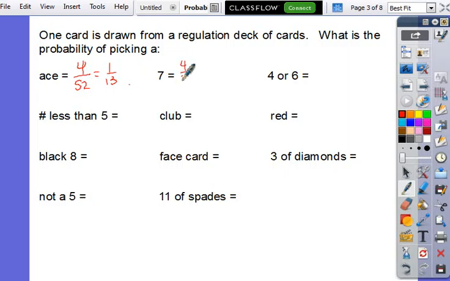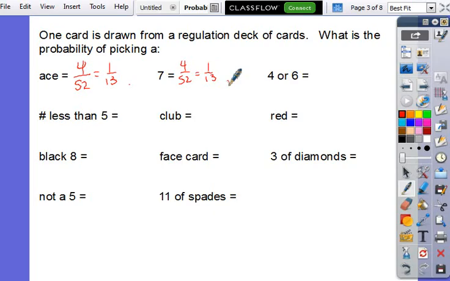So what should we know right now about this kind of problem? If it asks for a number or just one type of card, it's going to be 4 out of 52. So if it says, what is the chance of getting a 7? A 10? A jack? That's going to be 1 out of 13 because there's 4 of them every time.